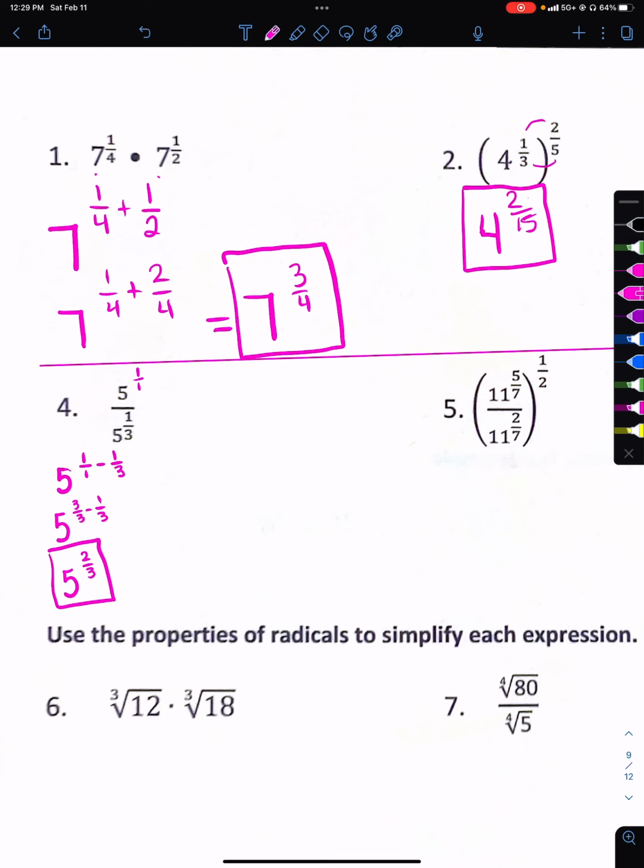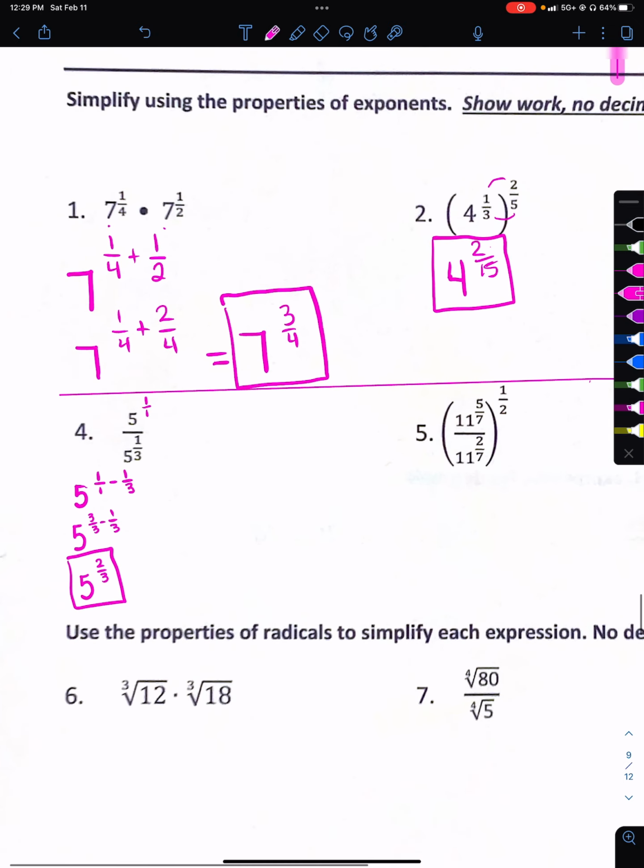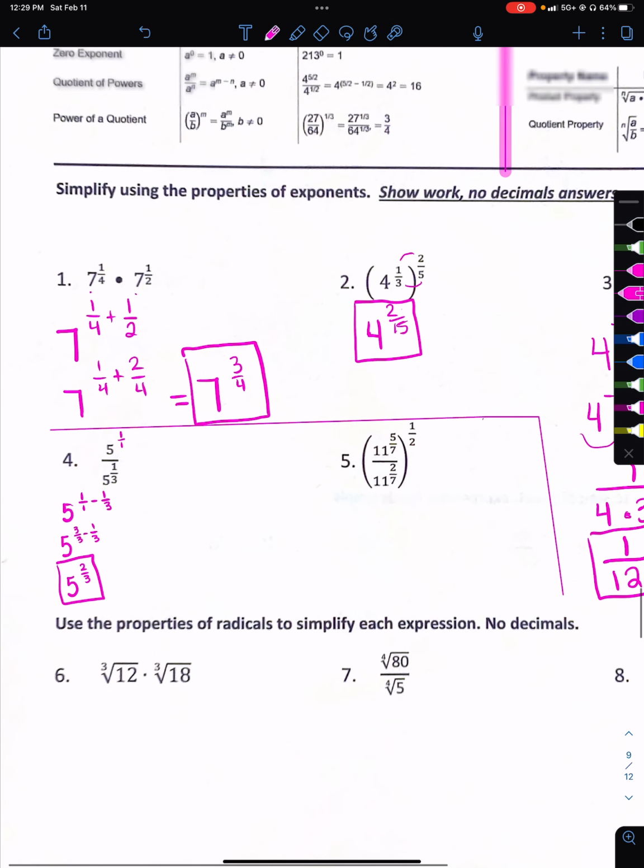Alright, the last one for the properties of exponents, we're using that part of the table. On this one here, I am using the quotient of powers within, and then I have a property where I have an exponent on the outside, so I'm going to use power of a quotient. So I'm going to take everything on the inside for that exponent and multiply it to this.